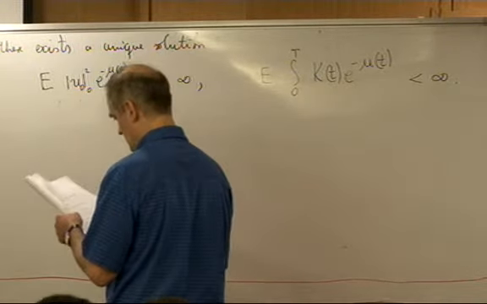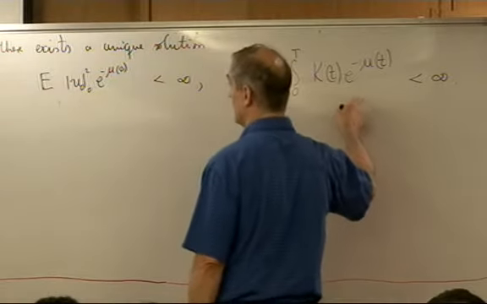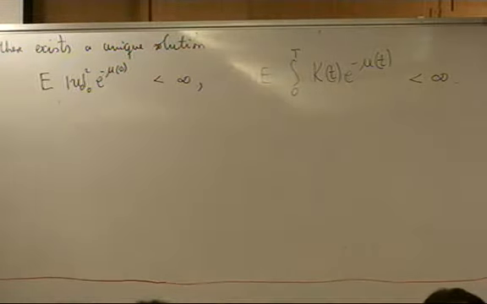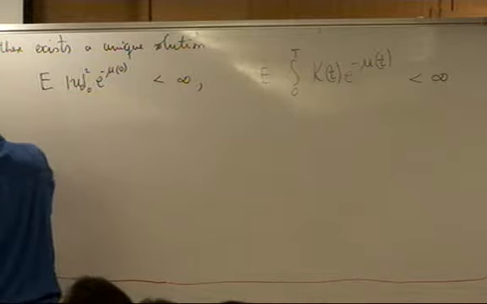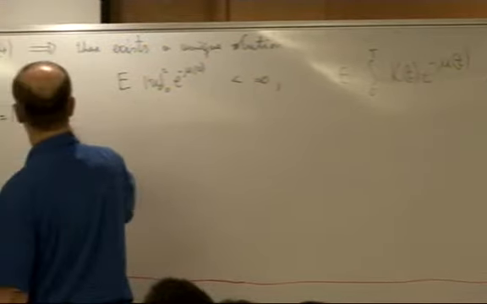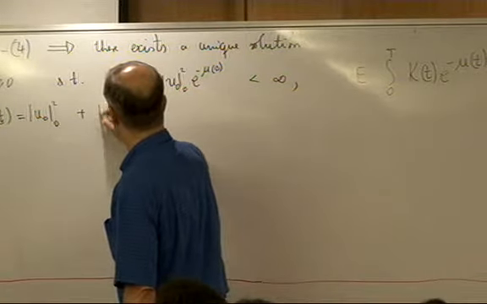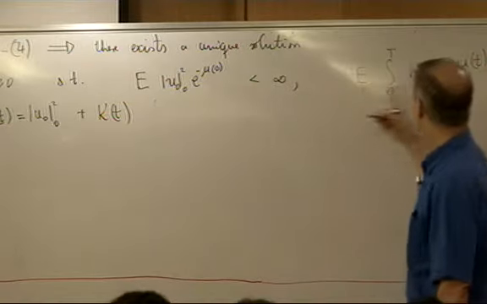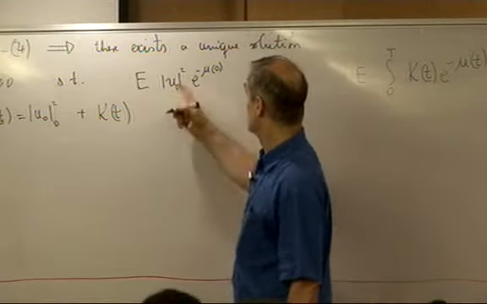So, for example, take mu_t equal to the initial condition norm squared plus the k_t function. Then one can easily check that these are satisfied.